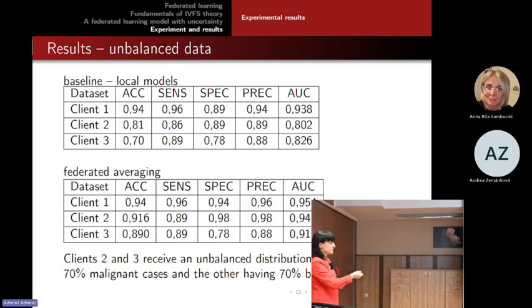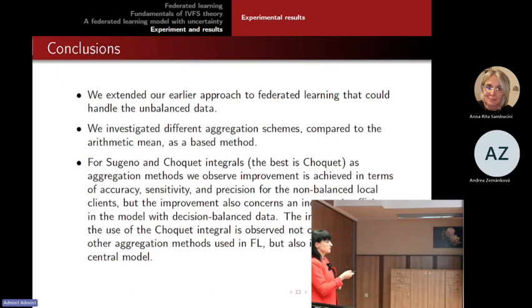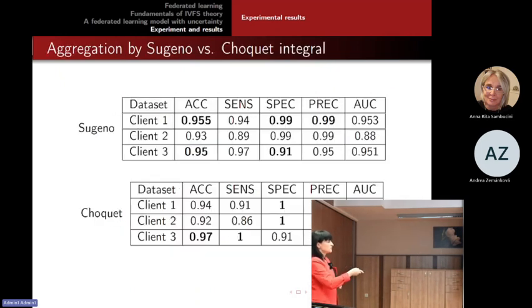But for Sugeno and Choquet, we obtain the same very high level for Choquet when we have unbalanced data. So we obtain the same level as with balanced data.